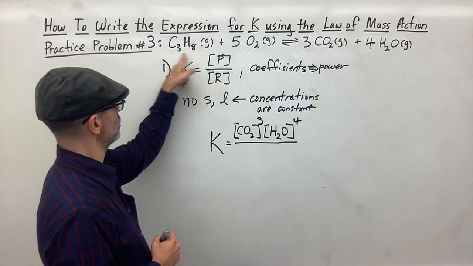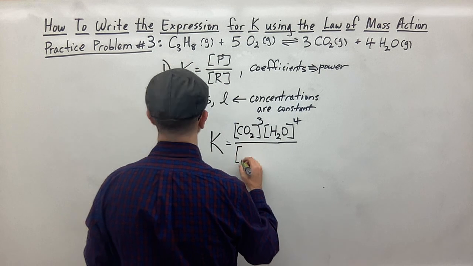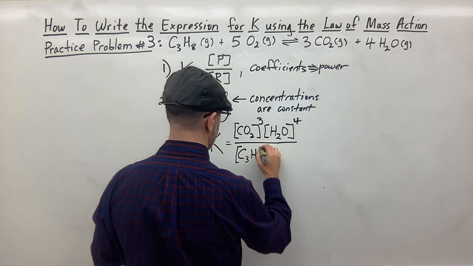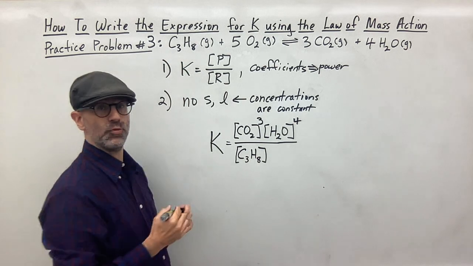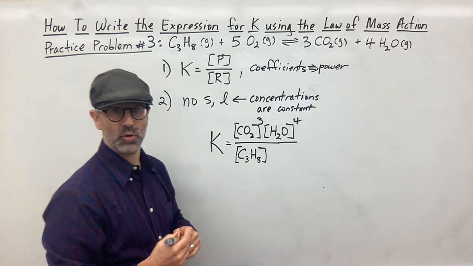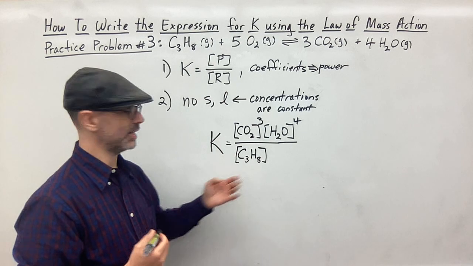We're going to start with our propane. That's going to be the concentration of C3H8. We have a coefficient of 1, so therefore we're going to have an exponent of 1. We don't write the ones, so we just leave it like this.